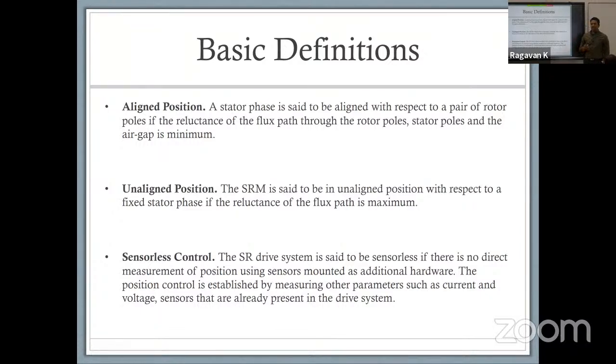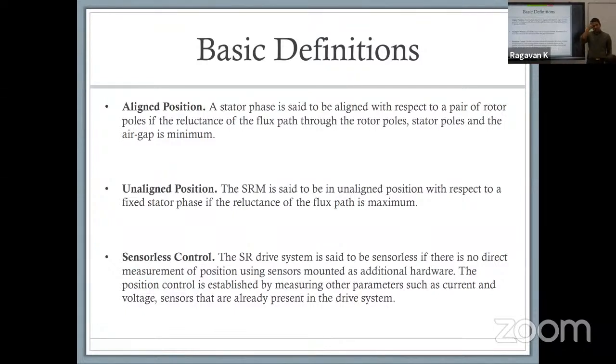Unaligned position is the furthest your rotor tooth can be from the stator. And sensorless control is the method of implementing the system without a position sensor. Like I said, you need to know how to turn on and off the switch reluctance motor, which means you need to have accurate information about where this current excitation needs to be applied.